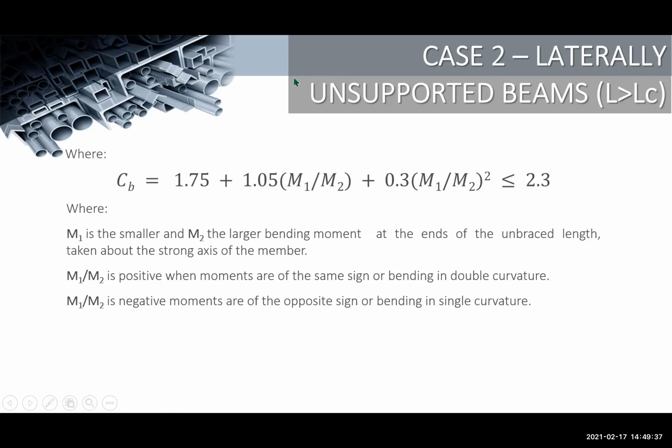Ano bang ibig sabihin? So, try natin i-drawing. Ito yung beam. Lagay tayo ng moment. Kunyari, ito yung moment. Ganyan. Kunyari, yan yung moment. Di ba kapag ganyan, this is same sign, di ba? This is positive. Kasi same sign, tapos double curvature na tinatawag. So, positive yan.